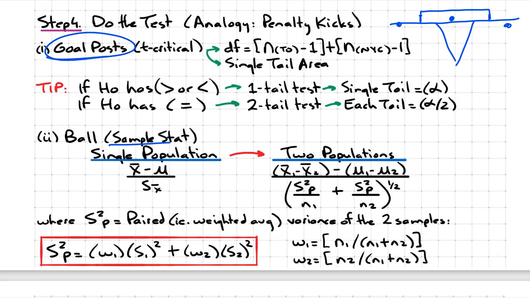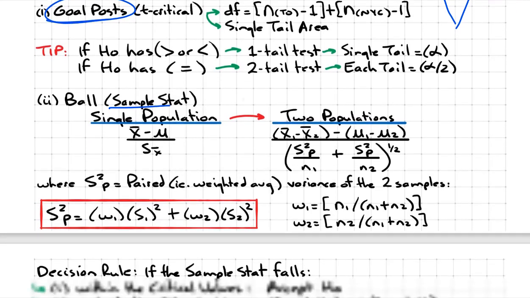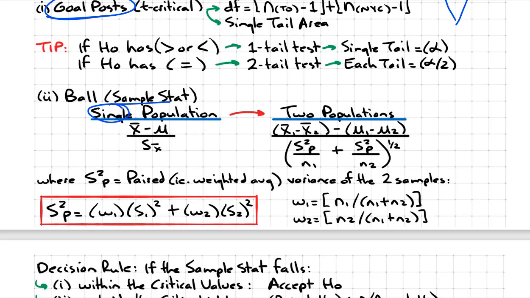Now, to calculate the sample statistic, basically what the sample statistic for a single population told us is, how far does the sample deviate from the hypothesized value measured in standard errors? But since we have two populations here, look at the modification.